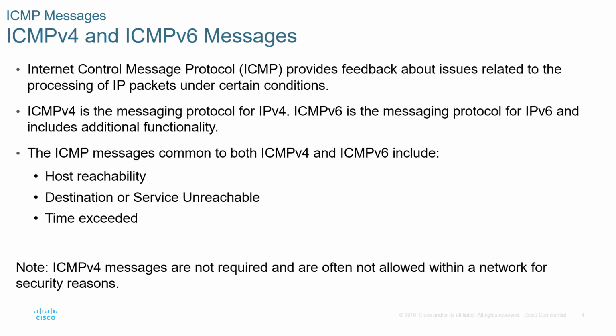Another feature for ICMP is looking at the time exceeded limit, looking at how many hops it takes between source and destination. Now keep in mind that we have the ability to send an echo request to a destination.